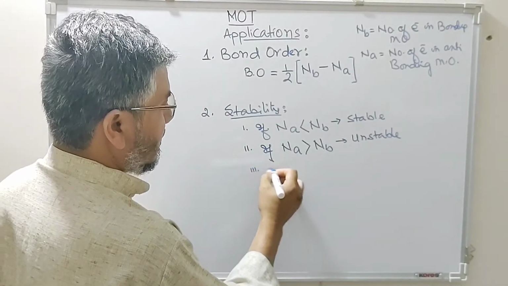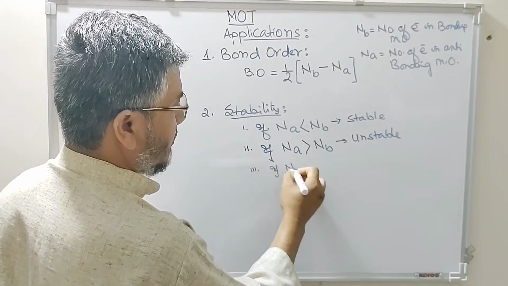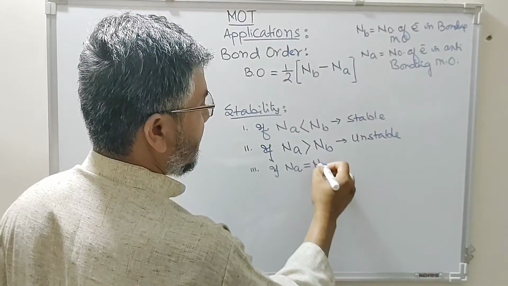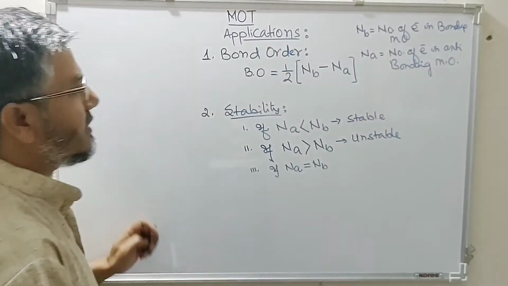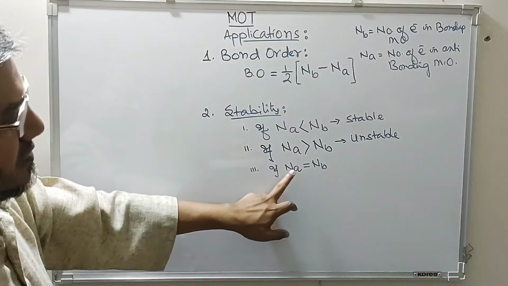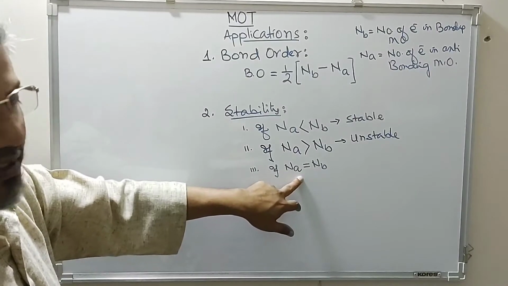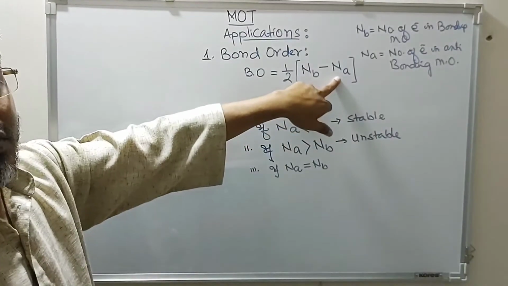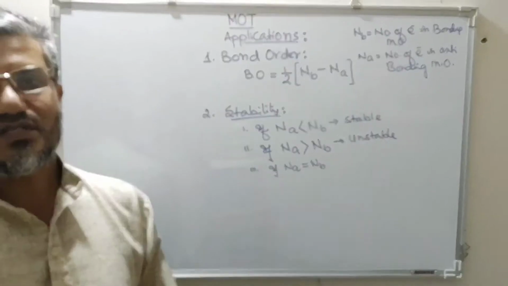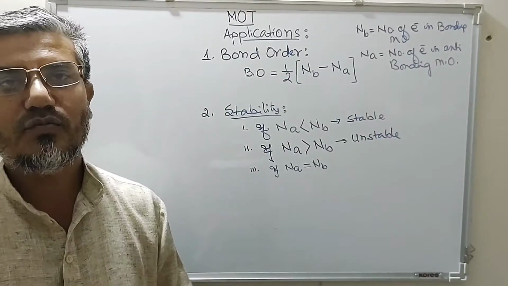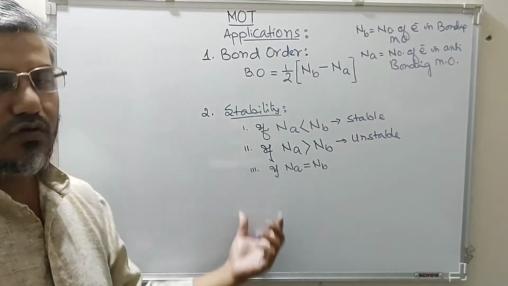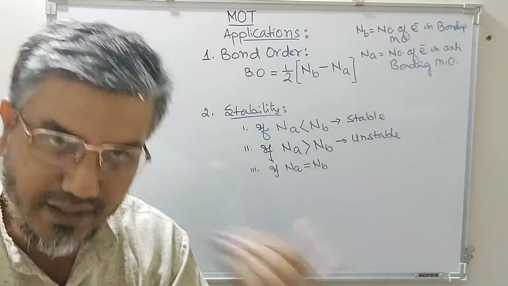Or if the number of electrons in anti-bonding is equal to the number of electrons in bonding, look at this, if the number of electrons in bonding and anti-bonding are the same, then this difference comes out to be 0. So the bond order is 0. If the bond order is 0, that means there is no actual chemical bond formed between the combining atoms. If there is no chemical bond, will the molecule be stable? No, that means the molecule cannot exist.